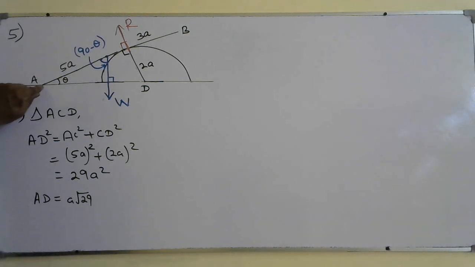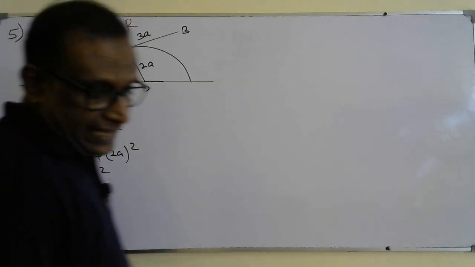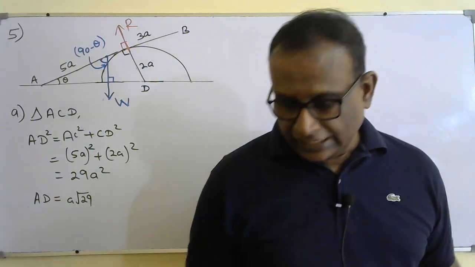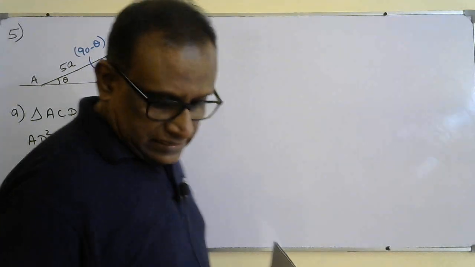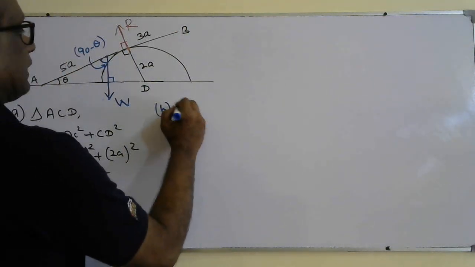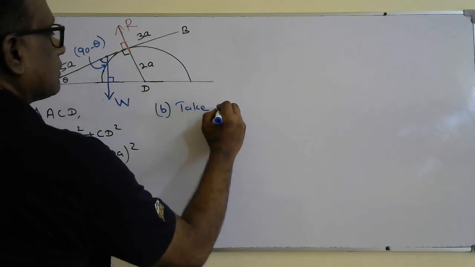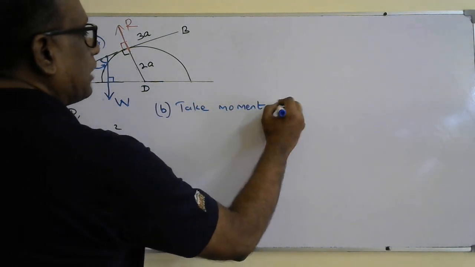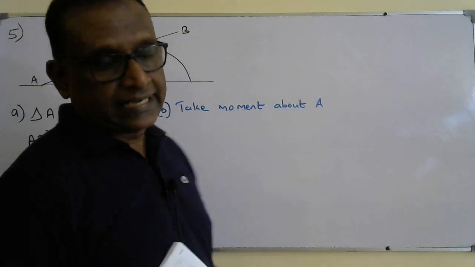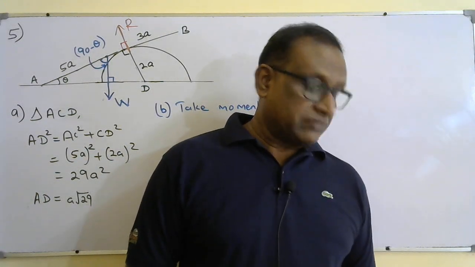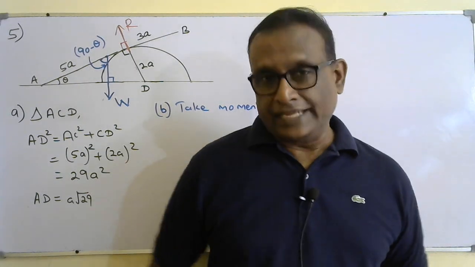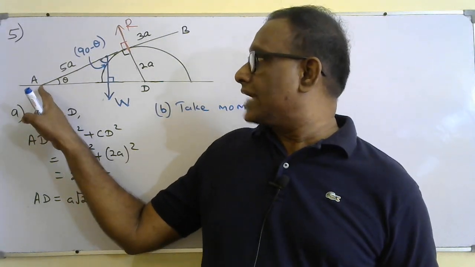So it's easy. We don't know what are the forces acting at the hinge A. So better take moment, turning effect about A. We'll take moment about A. That is the advantage: we don't know what are the forces acting at A. When we take moment about A, the unknown forces at A won't be in our equation, because the perpendicular distance to the forces at A from A is 0.